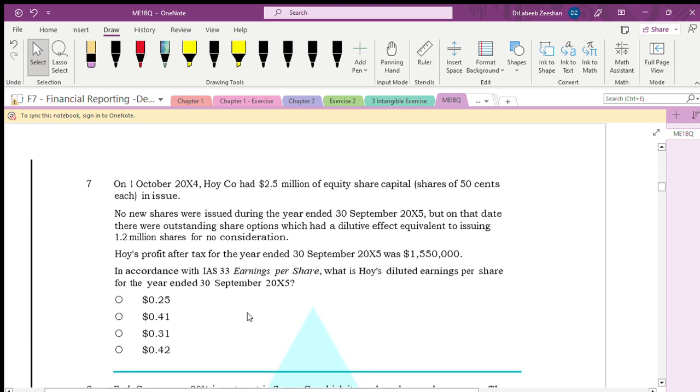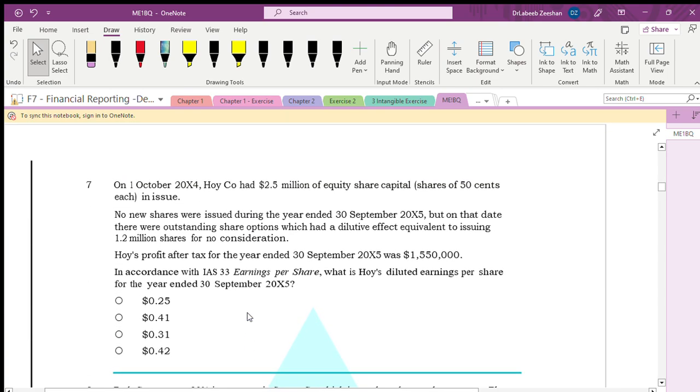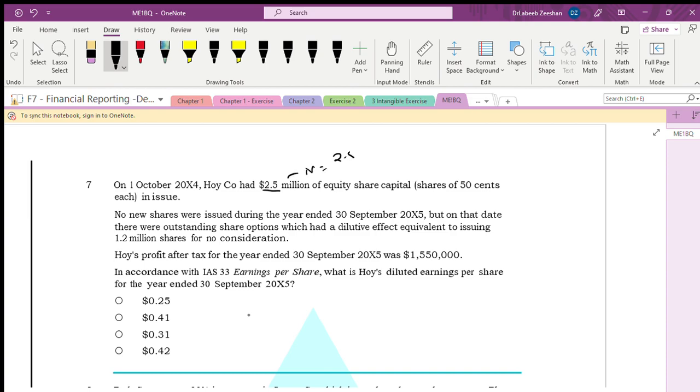Now, on October 1st, 2004, Hoy company has 2.5 million in equity shares. How many shares are there? 2.5 divided by 0.5 comes to 5 million shares.